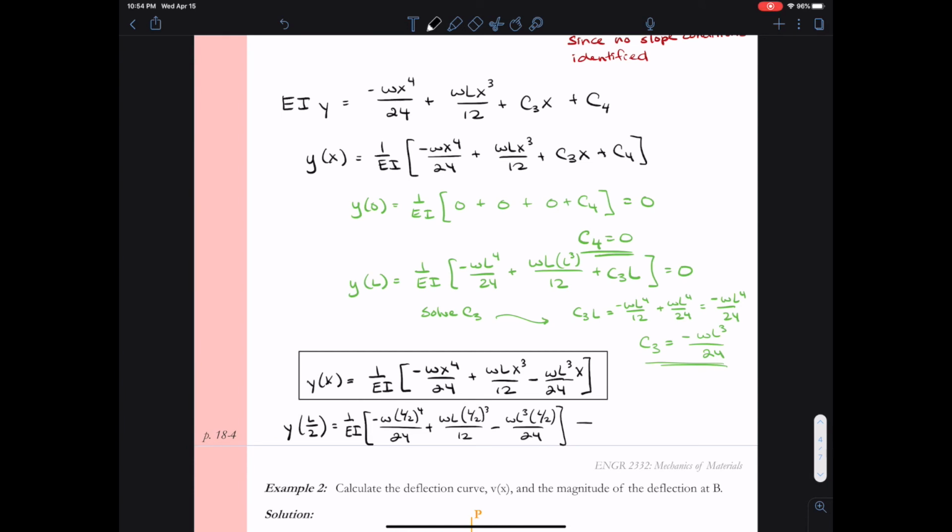The result, the deflection at midspan, should be negative 5 omega L to the 4th over 384 EI. And if you're an aspiring structural engineer, go ahead and memorize this formula. Again, this is one of our most common loadings, so knowing the deflection at the midspan is one of the things that you just got to commit to memory at some point.